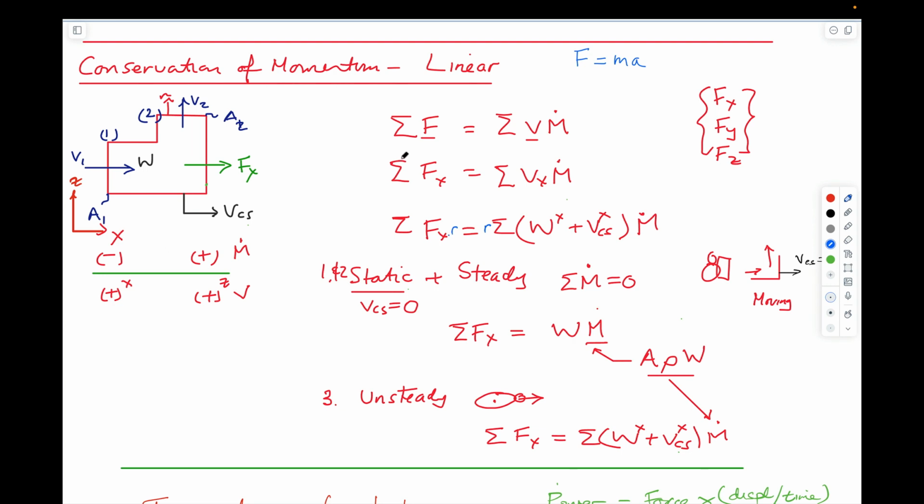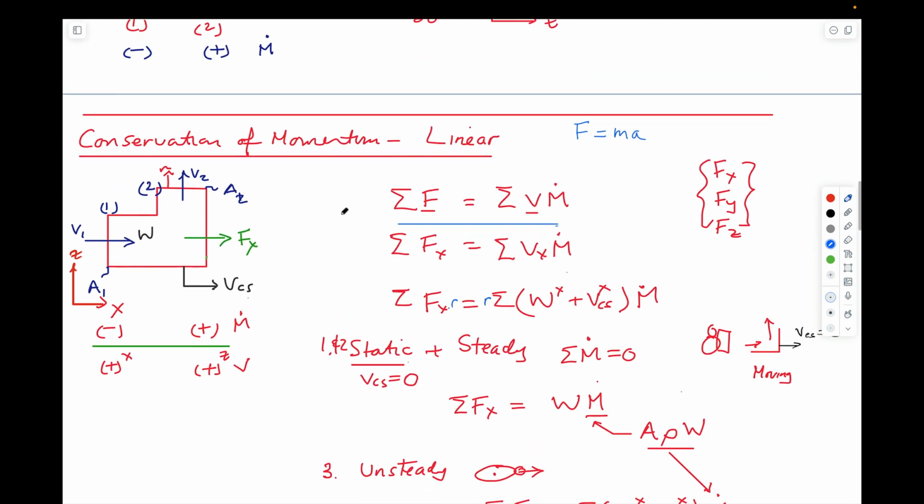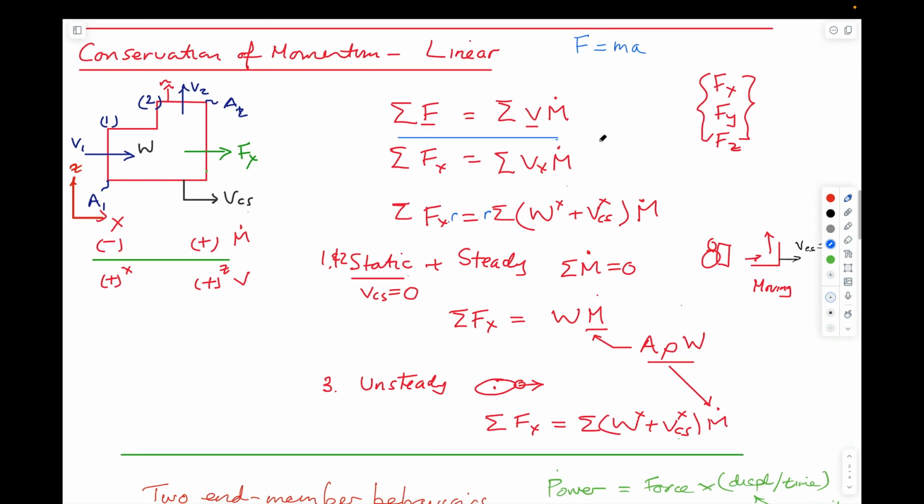We can write this conservation of linear momentum equation in terms of forces, sums of forces being equal to the products of velocities in Cartesian coordinates and mass rates of flow defined as in or out, as we defined here. And these are actually three equations.